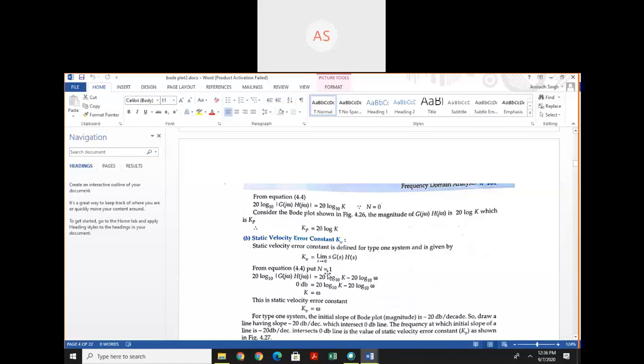Here the value of N is 1 for a type 1 system, and for a type 1 system Kv is the velocity error coefficient. If you substitute 0 dB for 20 log G(j omega) H(j omega), then we get K is equal to omega, and this is the value of Kv. This is the static velocity constant.